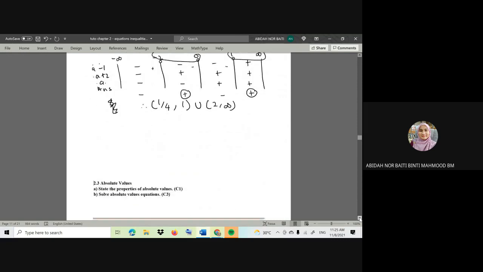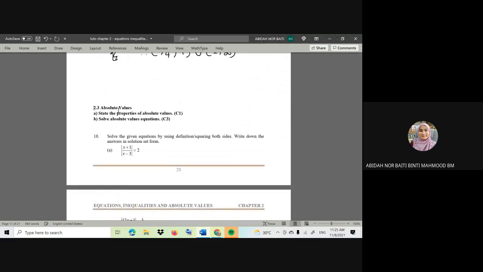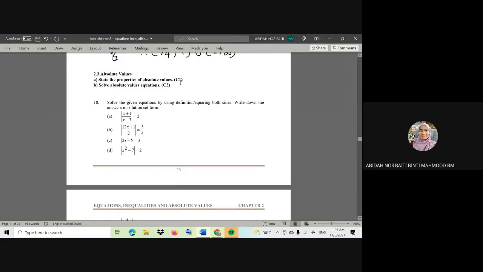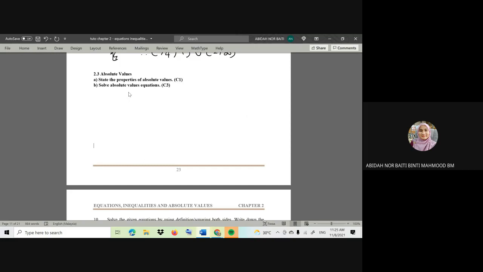Yeah. Okay, now is absolute values. What is absolute values? Absolute value is the modulus of x. So here we have two definitions of absolute values.